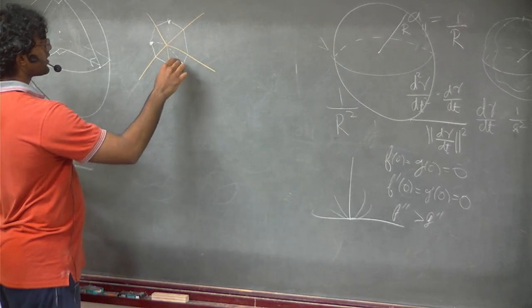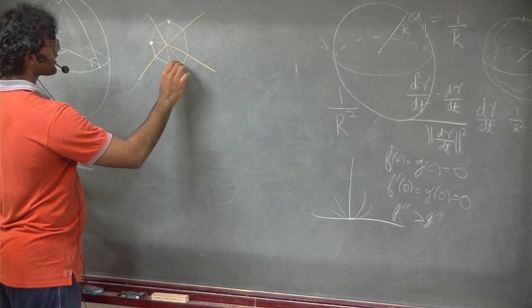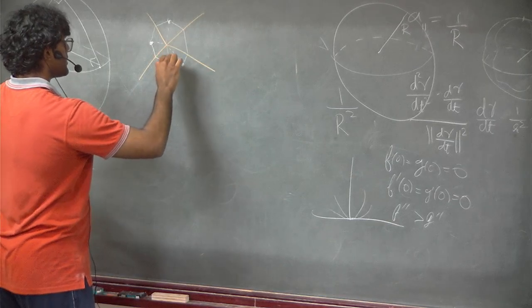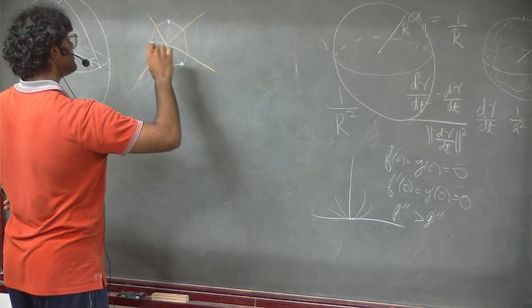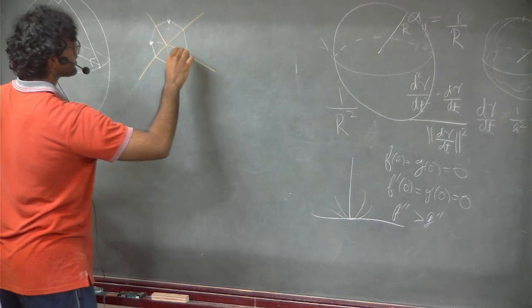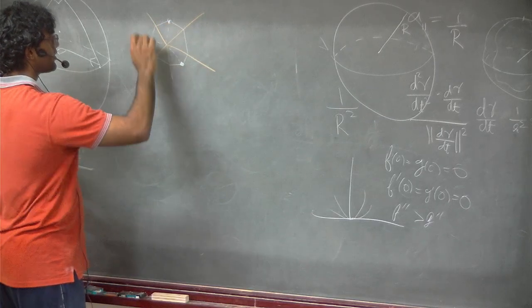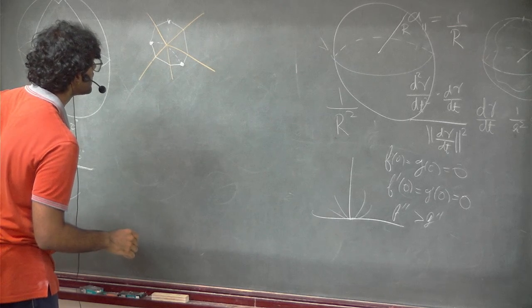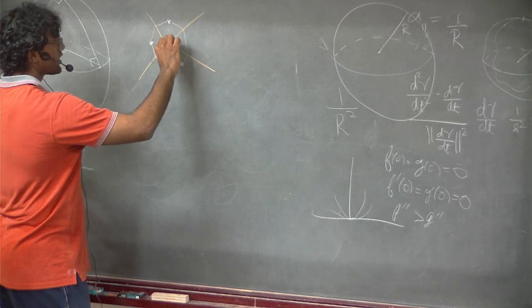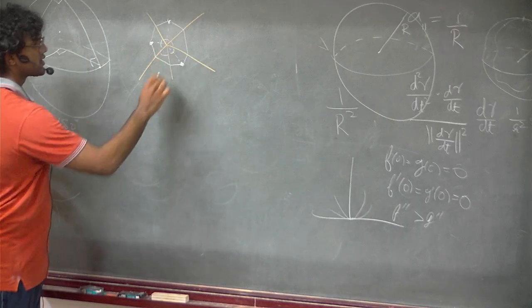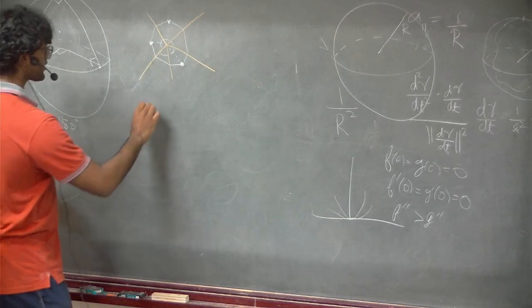So if you were to add up all these angles between adjacent vertices, that gives 360 degrees, right?